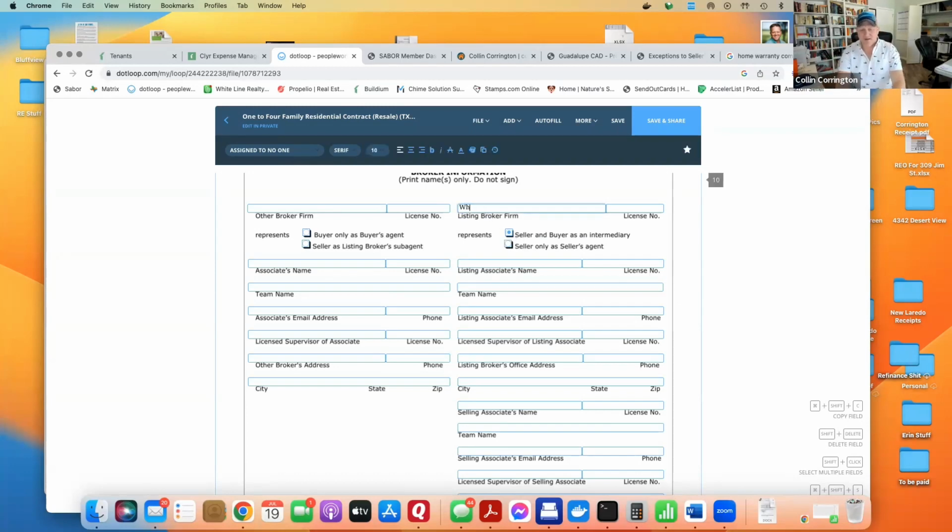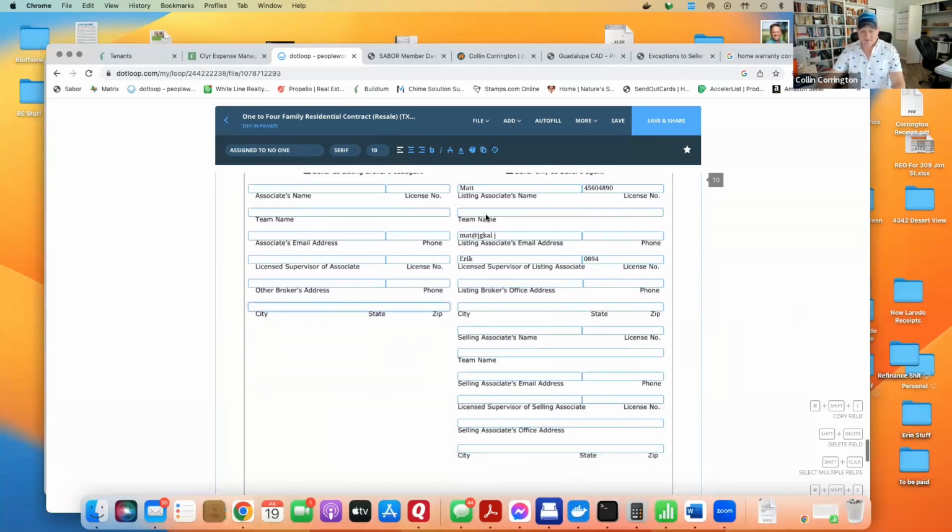So we're going to put in white line here. We're going to put in that number. Now, who was the listing agent? Say Matt was the listing agent, his number. He's not on a team, Matt at whatever, his phone number. Eric's the supervisor, or if there's a lower supervisor, if you have a team lead, you'll put that in there. His license number, address, and all that stuff.